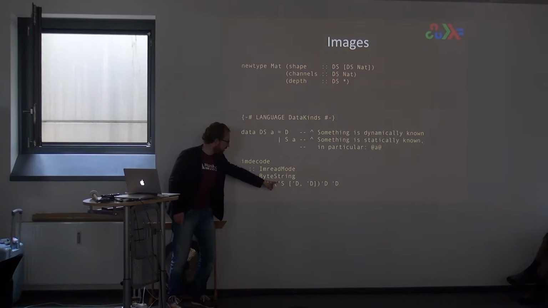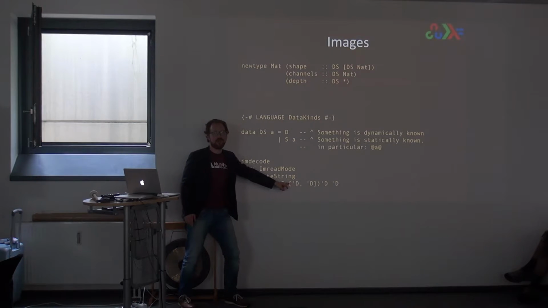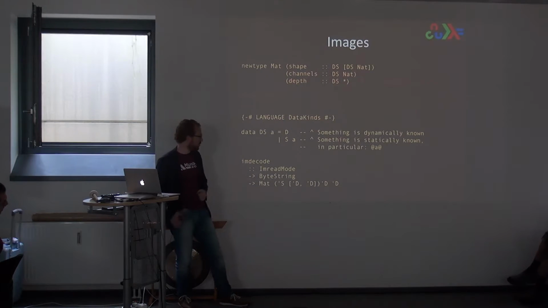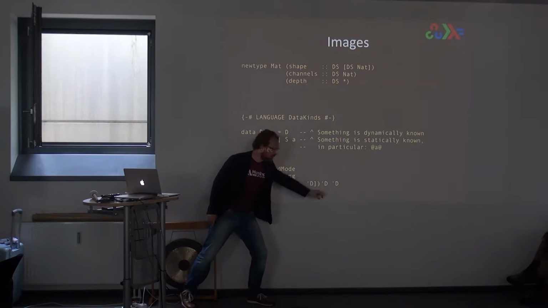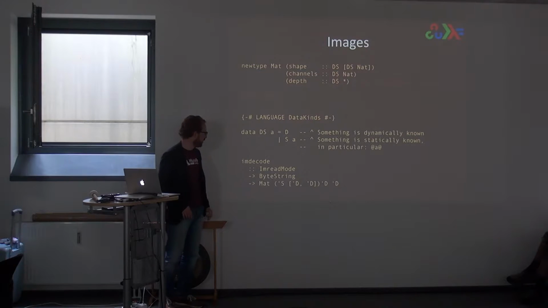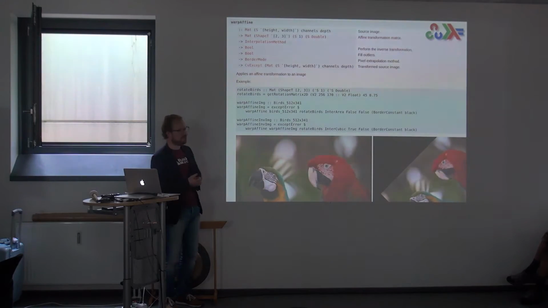We know statically that we have 2 dimensions, but we only know dynamically what the size of each dimension is. And the same thing for the number of channels and the depth. We only know that dynamically. So with the introduction of this data type, we can actually encode this information.